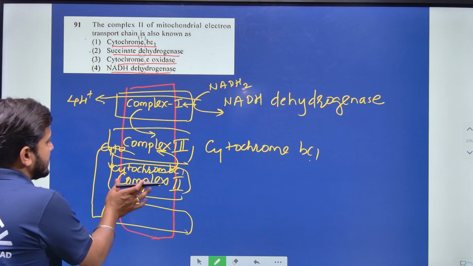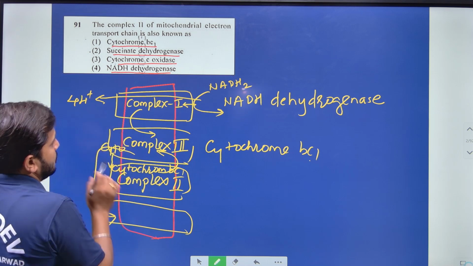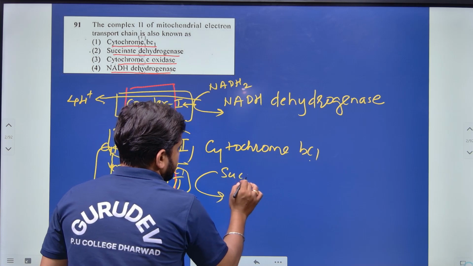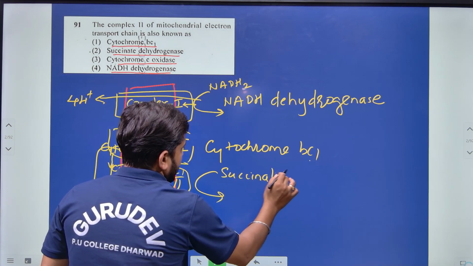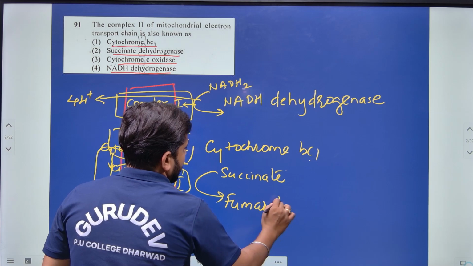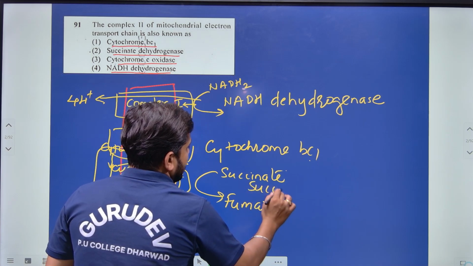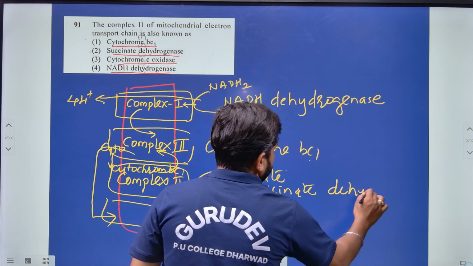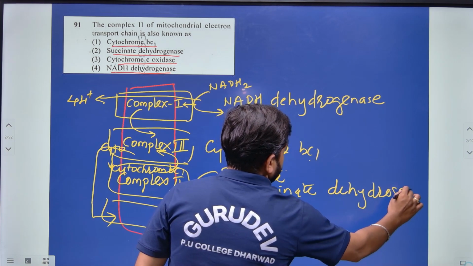So they asked us related to complex 2. There, whatever succinate gets converted into fumarate, in the presence of the enzyme succinate dehydrogenase, right?